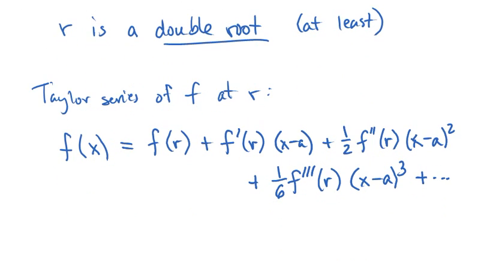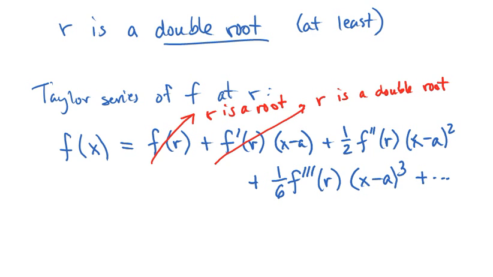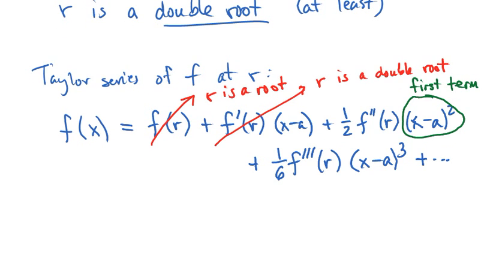Well, if r is a root, that first term is 0. If also f prime of r is 0, r is a double root, and the first meaningful term in the series is not the linear term but this quadratic term. So it's a fairly special, unusual circumstance.